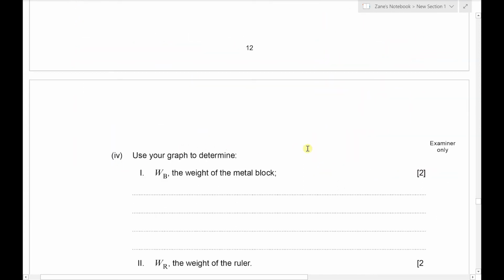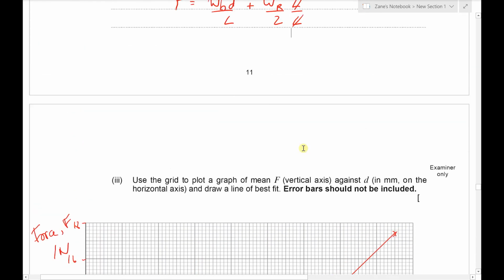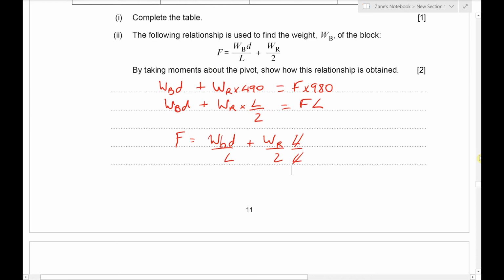Now we're going to use the graph to determine WB, the weight of the metal block. Well, let's go all the way back to this formula that we've derived here and compare this formula to the formula for a straight line graph, which is basically y equals mx plus c.